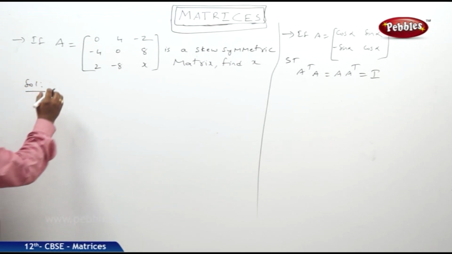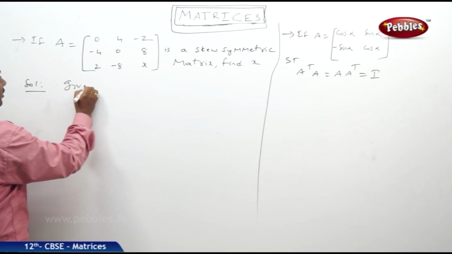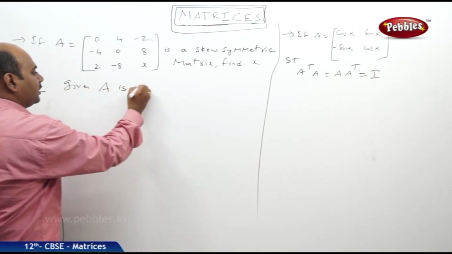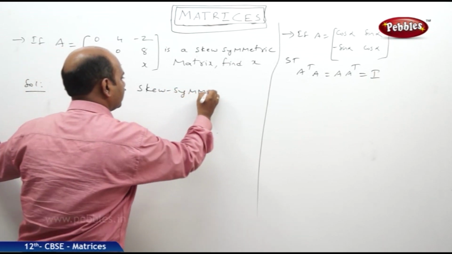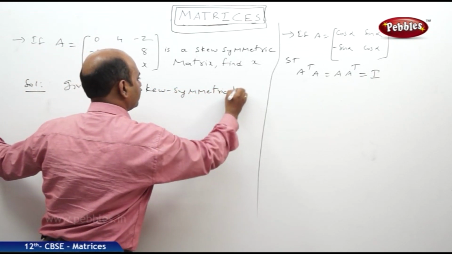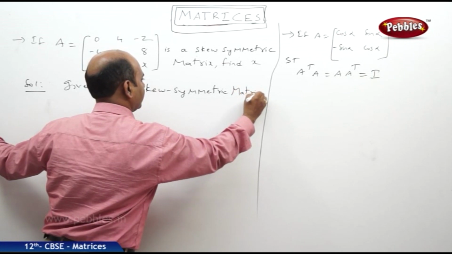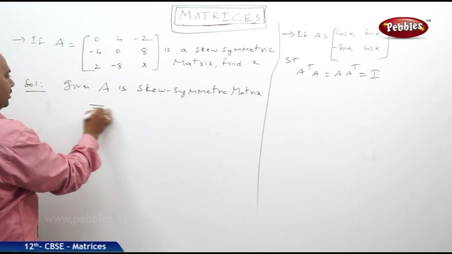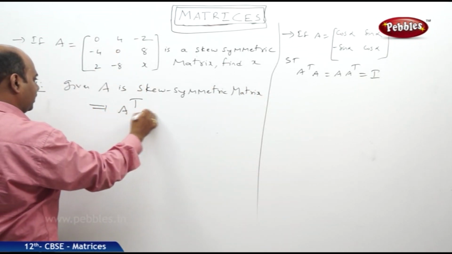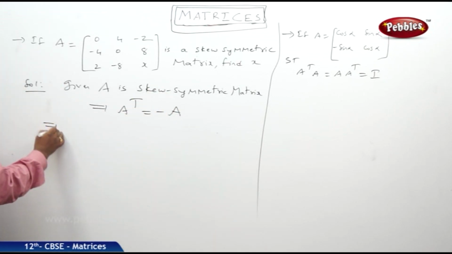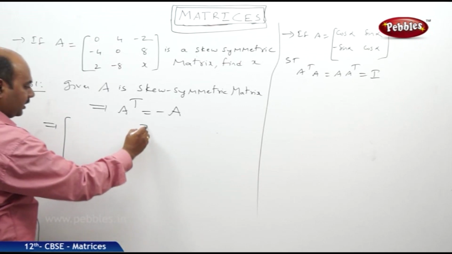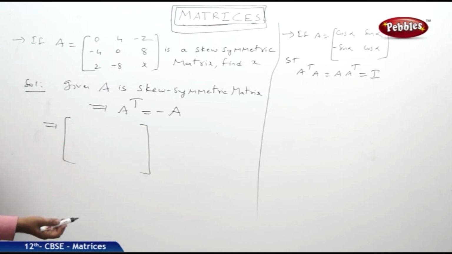Given capital A is a skew symmetric matrix. According to the definition, we should have A transpose is equal to minus A. A transpose means interchange of rows into columns and columns into rows.